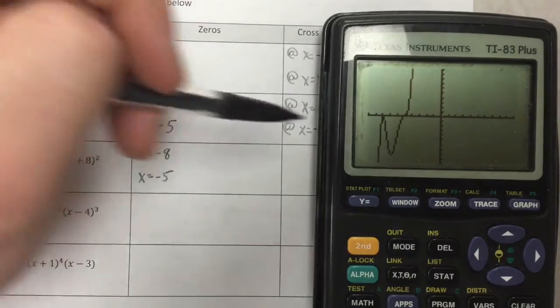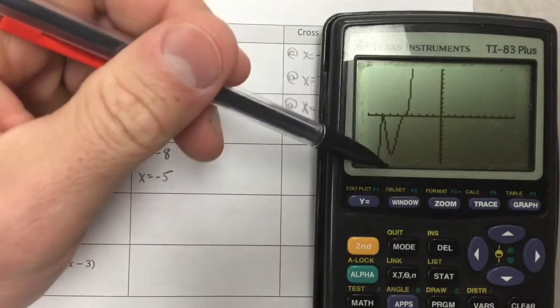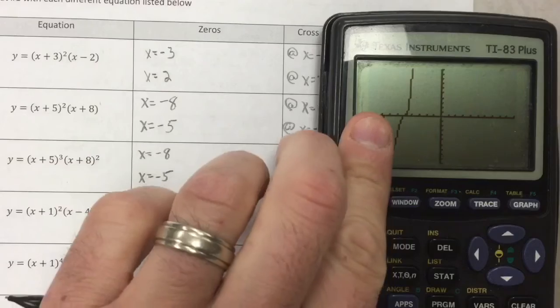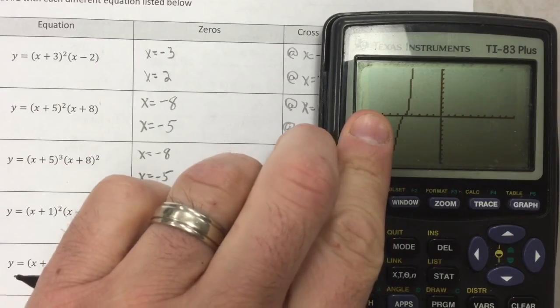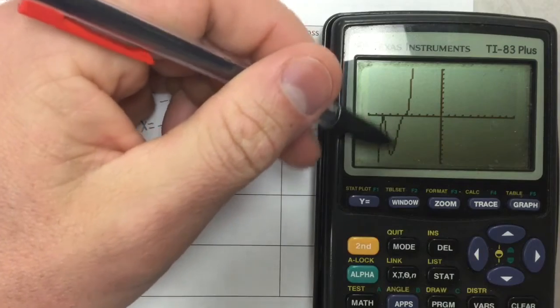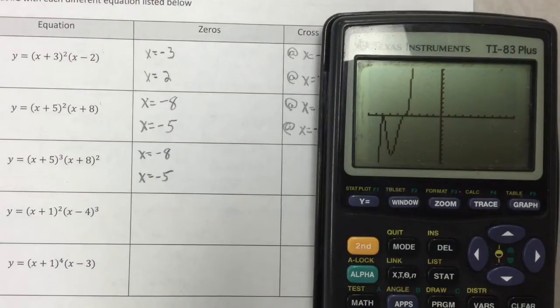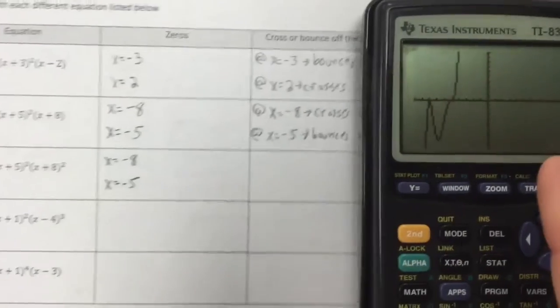But notice how it's not crossing straight through anymore. Notice how it's kind of like doing the cubic. So it looks like if I covered this up, this looks like the cubic function almost. So I like to call this the cubic shuffle because it's kind of growing, flattening out there, and growing some more. Okay, so that's changing a little bit, but it is still crossing through.